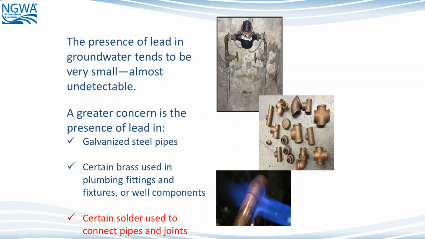Prior to the early 80s, one of the principal components of solder used to connect copper pipe to itself was lead.